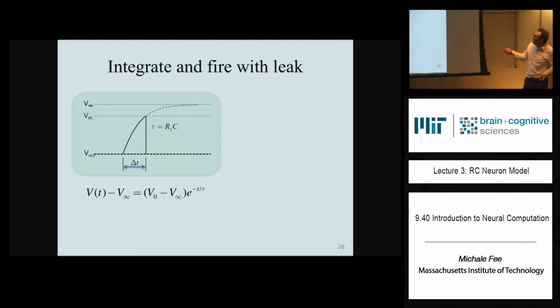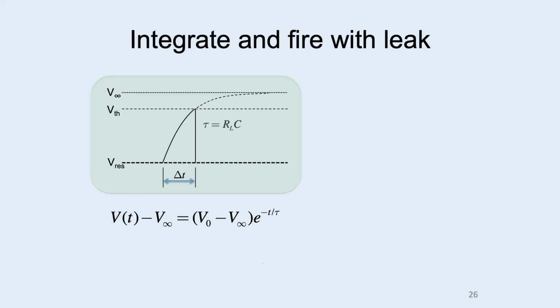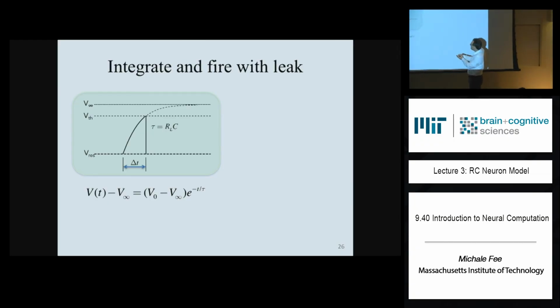So you know that that's an exponential, right? In fact, we wrote down the solution to that exponential a bunch of times. The difference from V to V infinity decreases exponentially. But we know a bunch of these values, right? We know that we're calculating these voltages when t equals delta t, right?